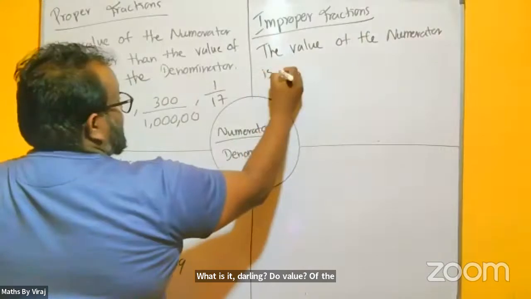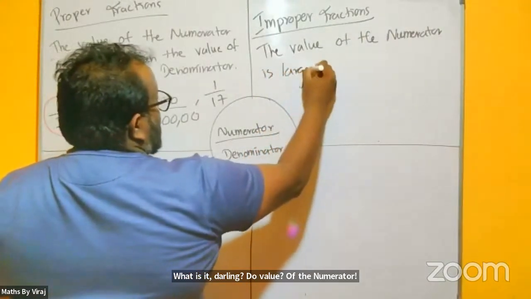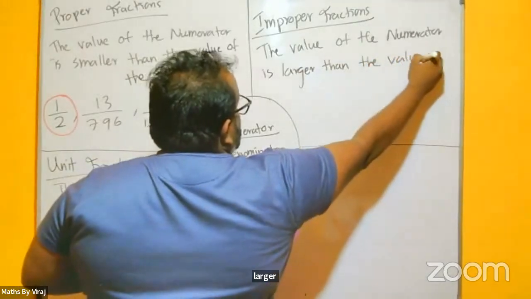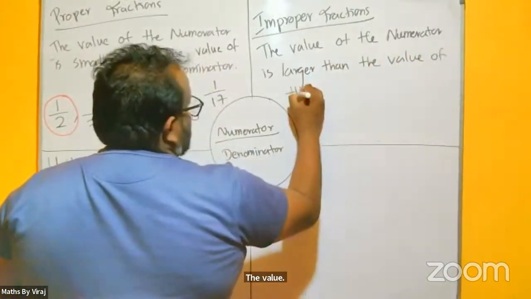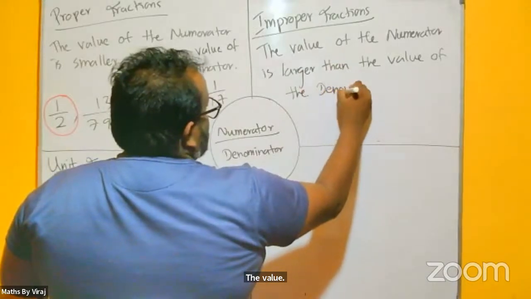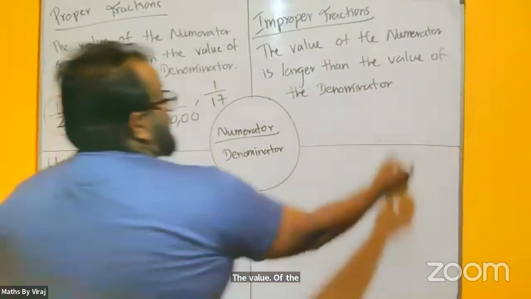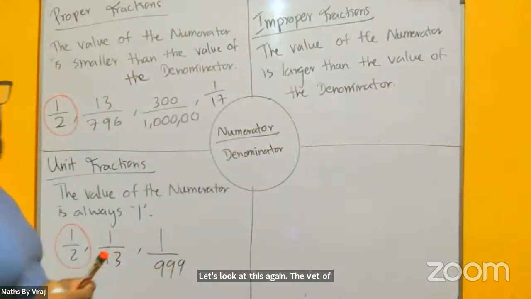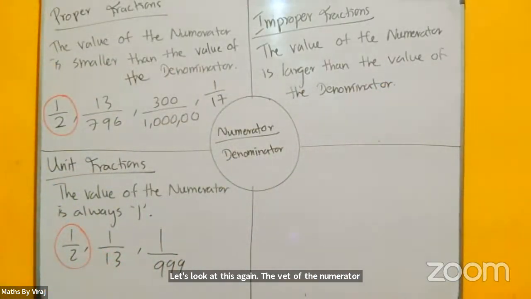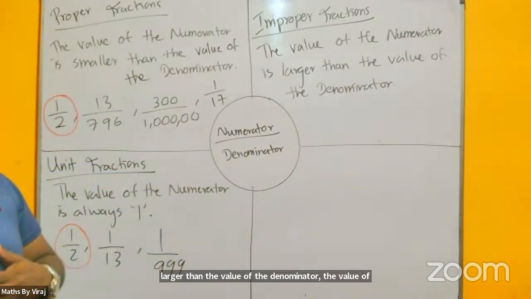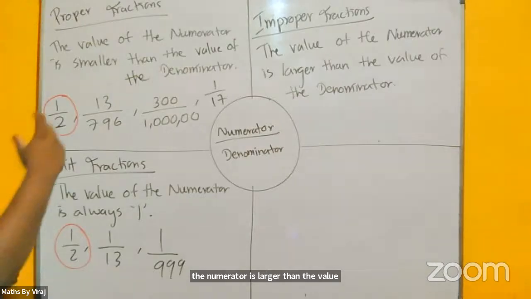The value of the numerator is larger than the value of the denominator. Let's look at this again. The value of the numerator is larger than the value of the denominator. Again, the value of the numerator is larger than the value of the denominator.